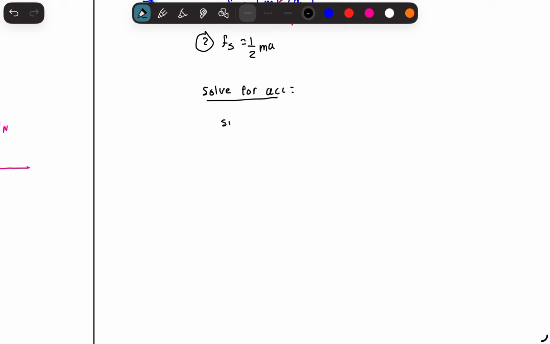So we can sub 2 into equation 1. That's going to be mg sine theta minus 1/2 ma is equal to mass times acceleration. So mg sine theta is equal to 3 over 2 mass times acceleration.